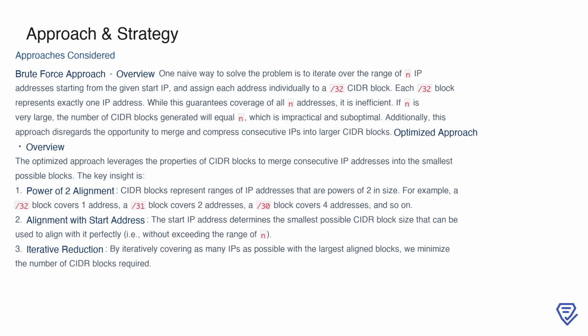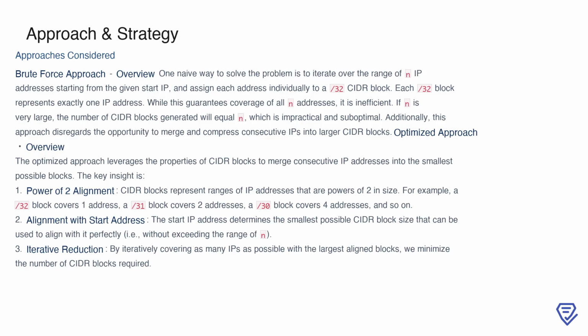However, this method is inefficient because if n is large, the number of CIDR blocks will also match n, resulting in a massive, impractical output. Moreover, this method does not take advantage of the opportunity to combine consecutive IP addresses into larger, more compact CIDR blocks. Instead, we can use an optimized approach that leverages the properties of CIDR notation.